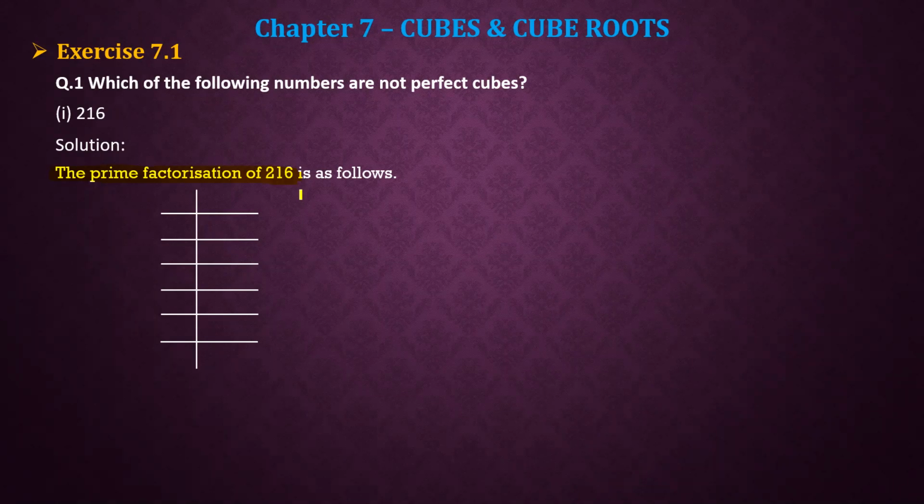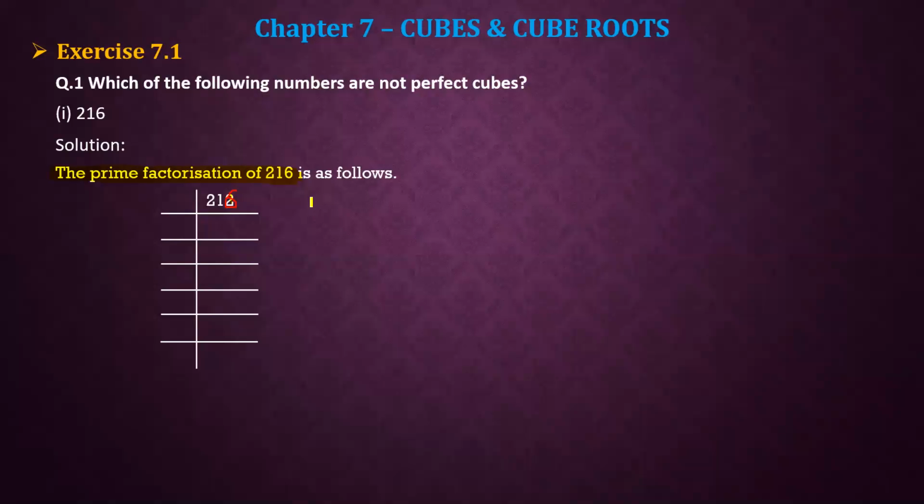We know that in order to obtain the prime factors, we start with 2. That means the first prime factor is either 2 or 3. And how to decide which prime factor we are going to take? It totally depends on the given number. The given number is 216, and the nature of that number is even.